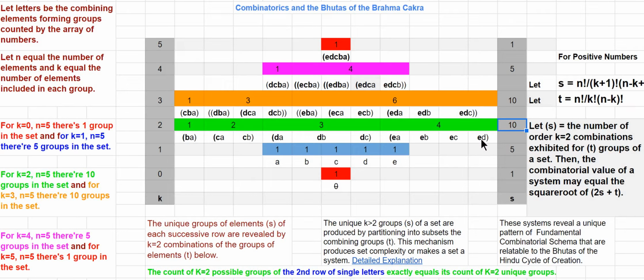And the ED will give me 3, which will be the ED combined with the EA to give me EDA, the ED combined with the EB to give me EDB, and the ED combined with the EC to give me EDC.